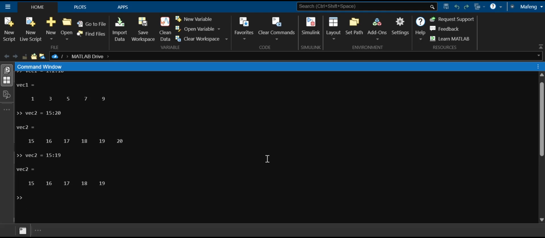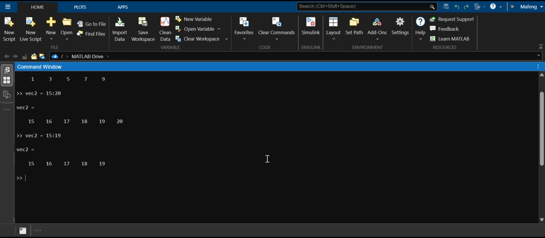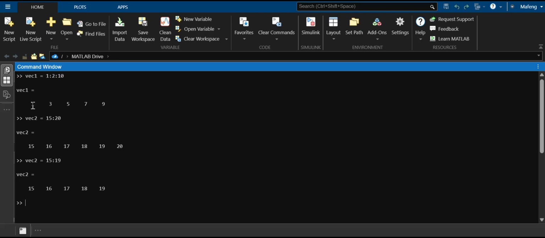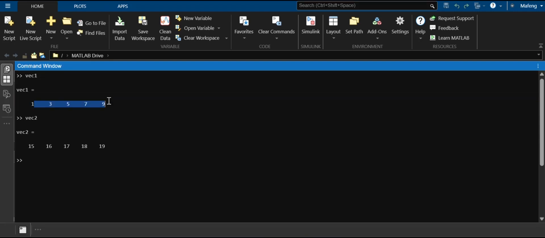Alright. So for matrix multiplication, the number of columns of the first vector must be equal to the number of rows in the second vector. Okay. So let me say it again. The number of columns in the first vector equals the number of rows in the second vector or matrix.